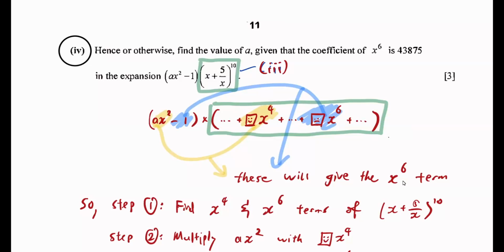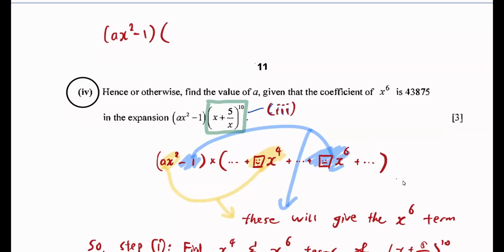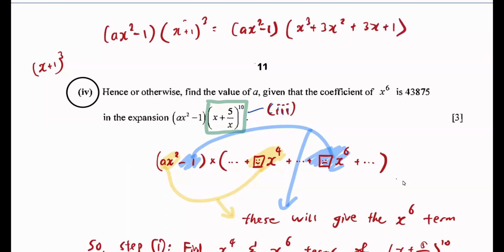Now you can check with a quick example, not the exact expression for the green, because there will be 11 terms, a bit too long-winded. Let's say instead x plus 1 power 3. Then if I take ax squared minus 1, you multiply by x cubed plus 3x squared plus 3x plus 1, right?